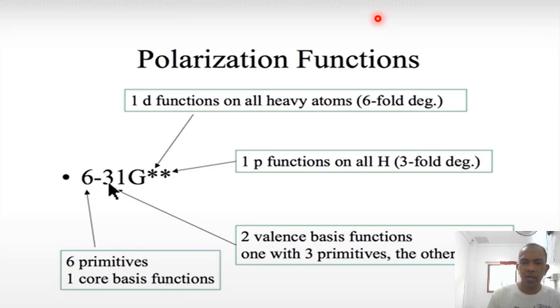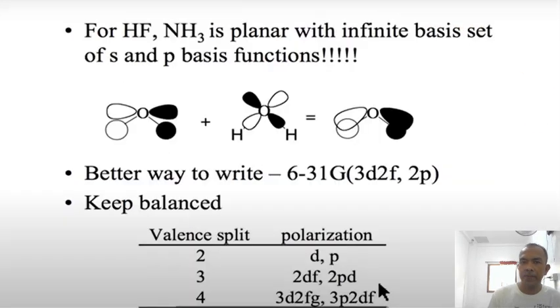If you remember, x squared plus y squared plus z squared looks like a sphere, so it looks like an s orbital. It's an extra orbital that comes out when working in Cartesian coordinates.